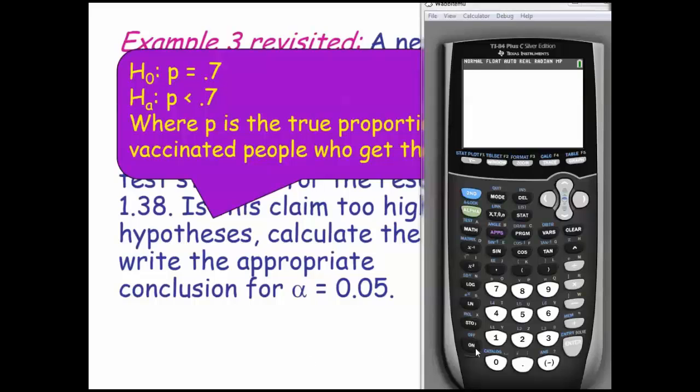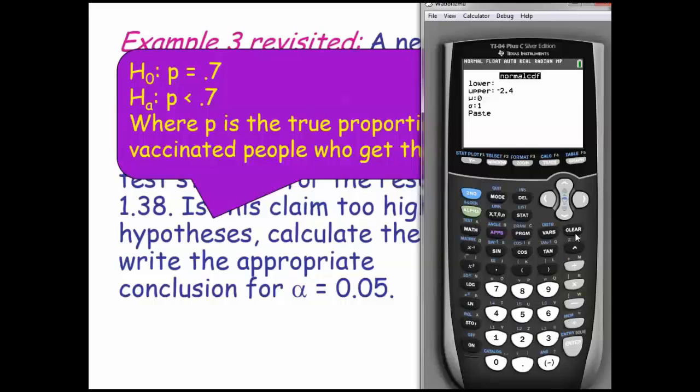Okay, so with our calculator out, I'm going to go back to distributions, and I'm going to go to norm CDF. Sorry. Let me talk us through this. I've got a z-score of negative 1.38, and I'm testing a lower tail.